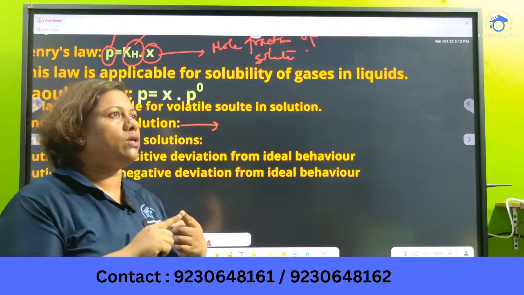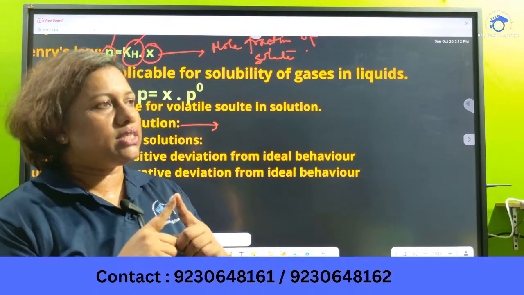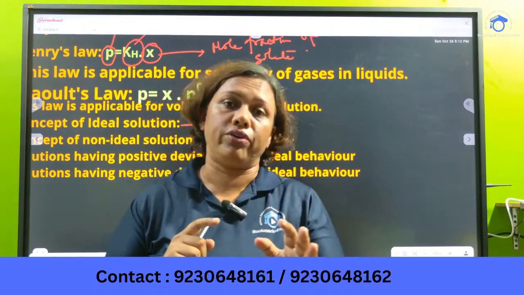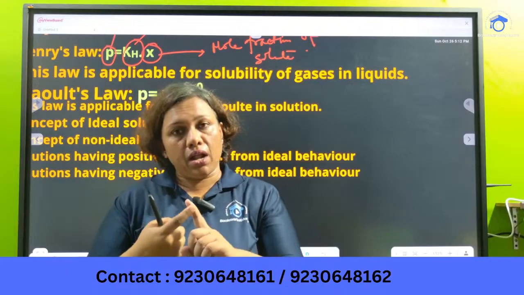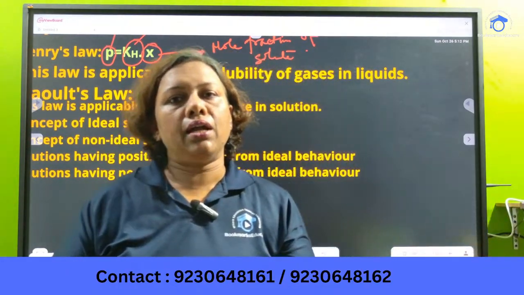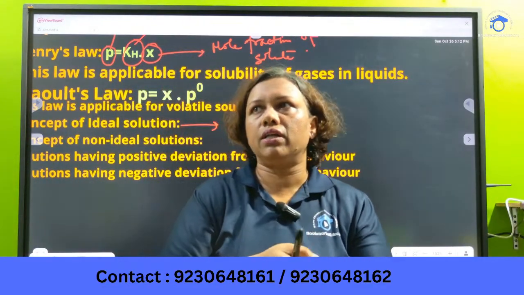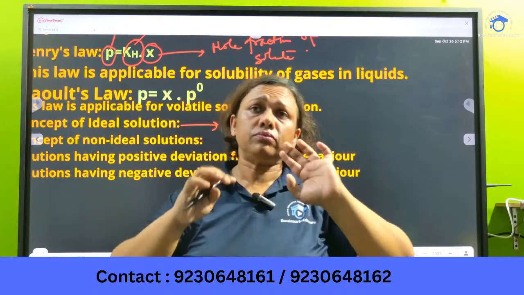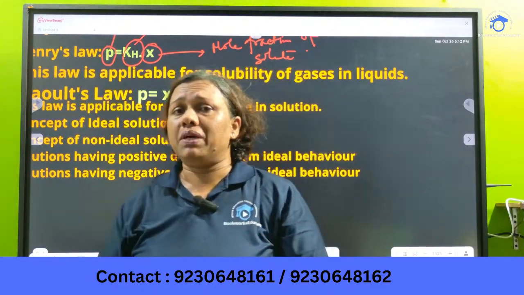That means when two liquids are mixed together, for example, A and B, definitely this should be non-reactive. Okay. When A and B are mixing together and their volume remains same, for example, 10 ml A, 10 ml B, when they are mixing together to form 20 ml AB solution, A and B ka solution. So that is called delta V mixing 0.